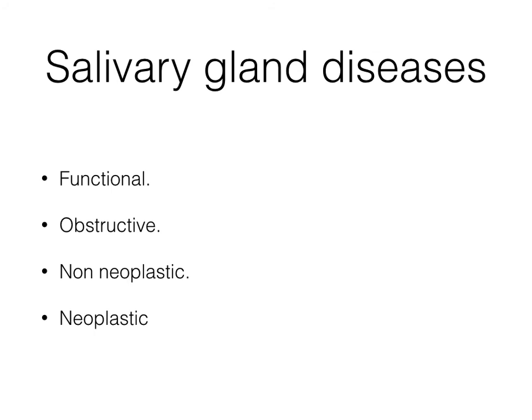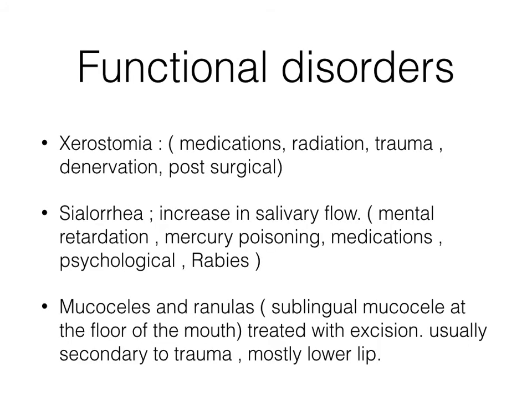Now, salivary gland diseases, we'll talk about functional, obstructive, and neoplastic disorders. Let's start off with functional disorders. Xerostomia, meaning that you have decreased production of saliva. This can be related to multiple underlying causes. Could be related to medications, radiation.